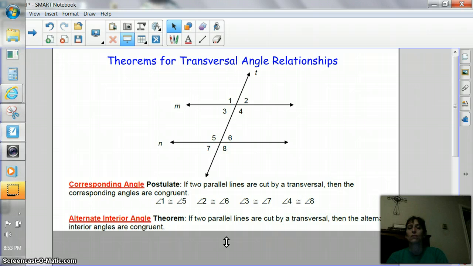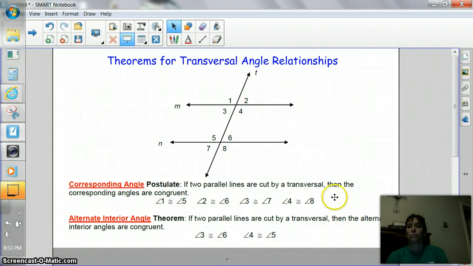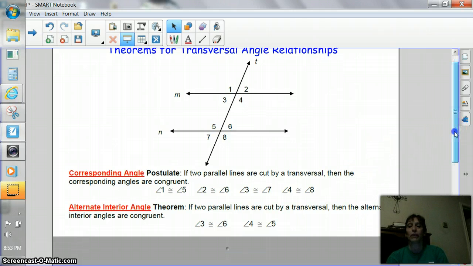So each of these are conditional statements. Alternate means opposite sides of the transversal, and interior means they're going to be inside the parallel lines. So that would be 3 and 6 and 4 and 5. I hope that's what you were guessing, or knowing, not guessing would be better.